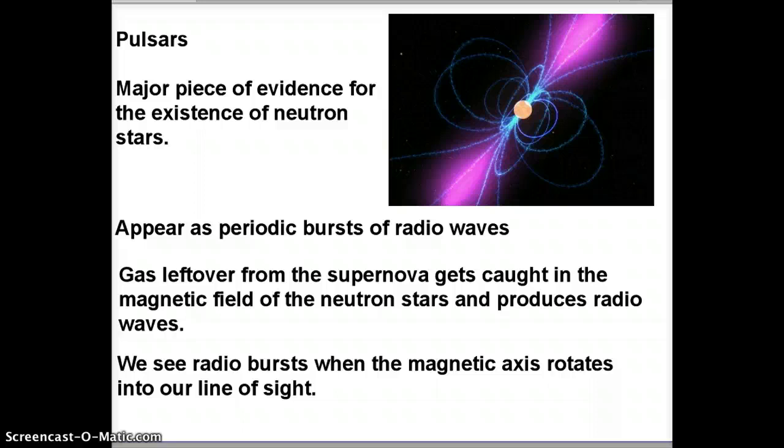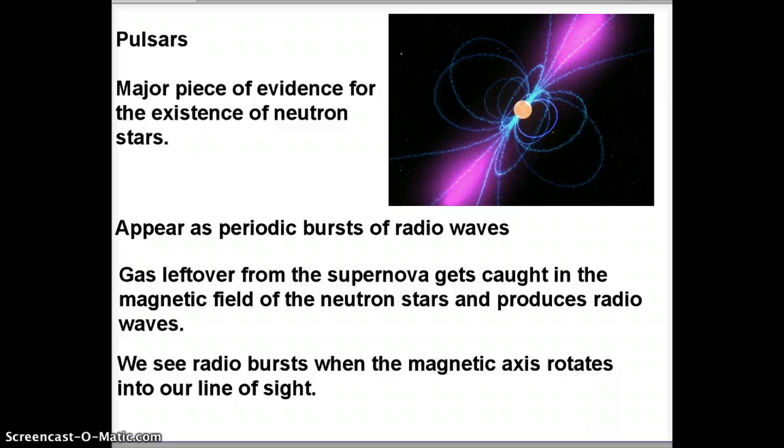And so as this thing is rotating around, these beams where the light is particularly strong along the magnetic axis will occasionally rotate into our line of sight, and we see a flash of radio waves. The kind of light these things are giving off happens to be radio waves. So whenever it rotates into our line of sight, we see a flash of radio waves, and that's what makes the pulsing feature that we see.